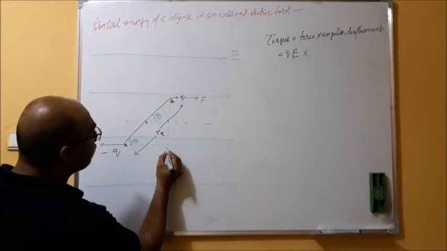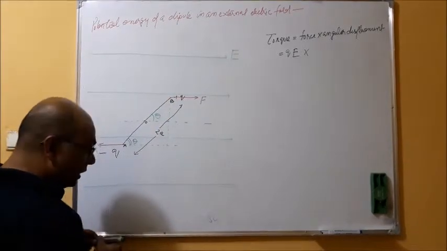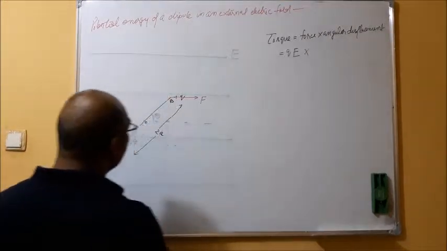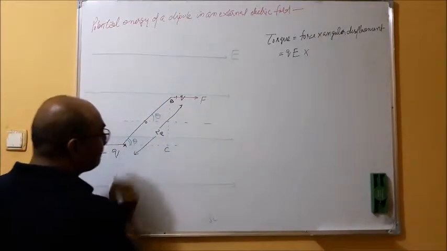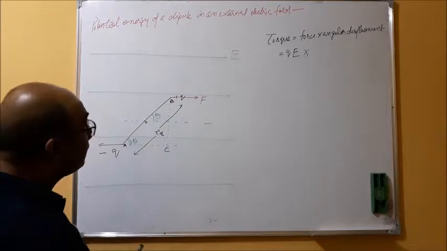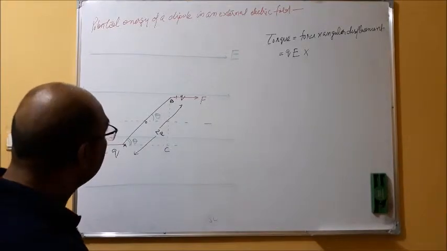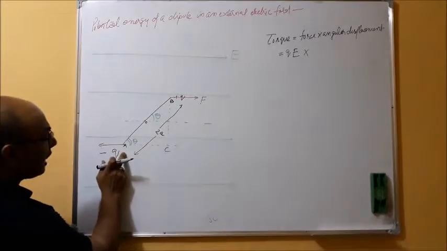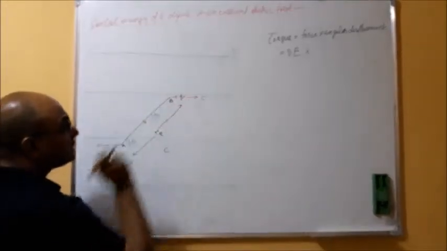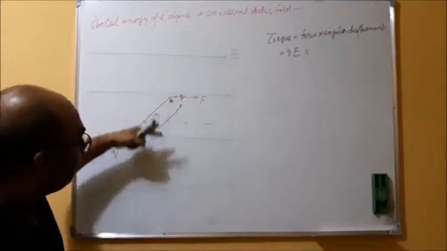Suppose I call this point C. So the displacement between the charge minus q and the charge plus q will be BC.